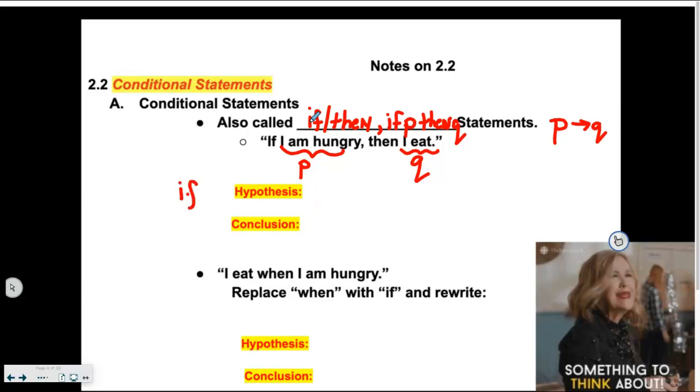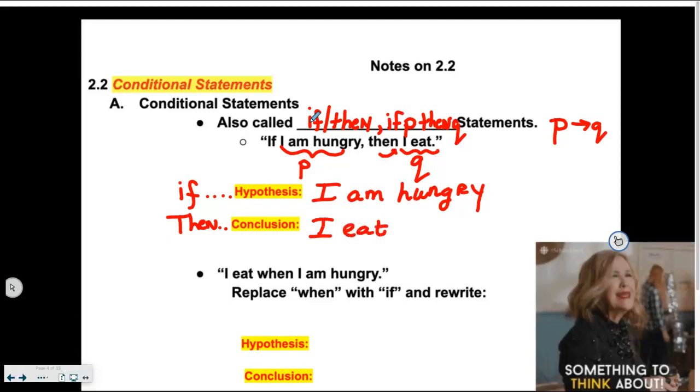The sentence will go if, and then your hypothesis. So on this sentence, my hypothesis is I am hungry. That's what happens first. That is the if part of my statement. With notation, we call that the P. And then we have our conclusion. My conclusion is that after I'm hungry, I eat.